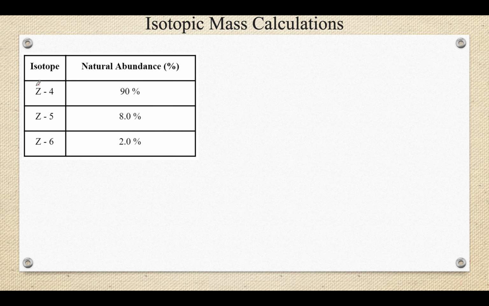Here is this element Z. We see there's an isotope Z-4, whose mass is 4, Z-5, whose mass is 5, and Z-6, whose mass is 6. Same type of deal: we multiply across and we add down.